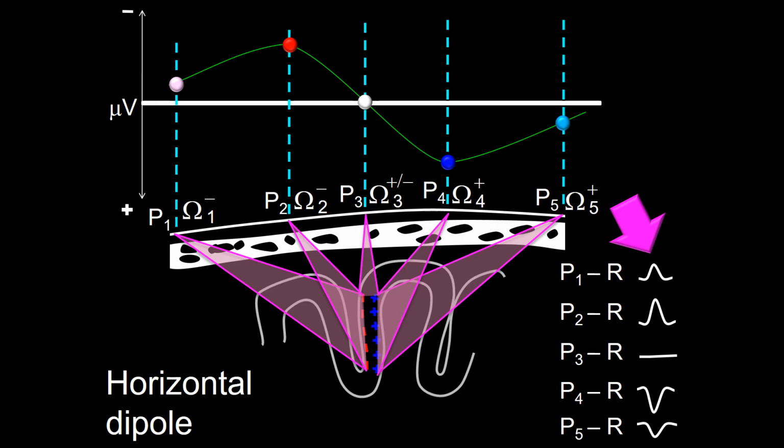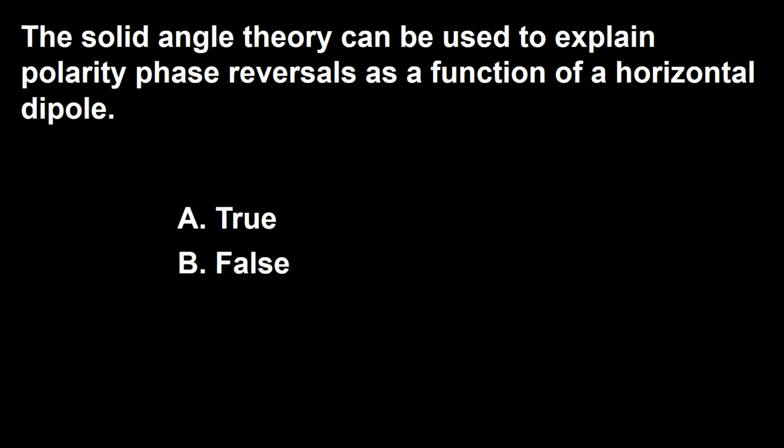P3 being neutral will remain the same, that is, will be a straight line, and P4 and P5 will go down, as you can see in this frame. So the answer to this question is true.